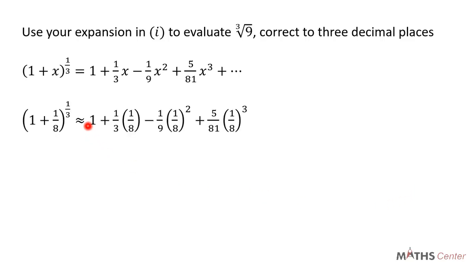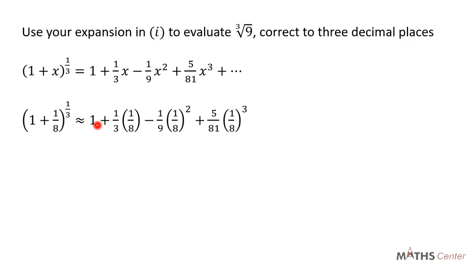When we do that, (1 + 1/8)^(1/3) will give us approximately, remember this is an approximate value because there are other terms that follow. We will substitute x equal to 1/8 here because by comparison 1 is 1, 1/3 is 1/3, so x is 1/8.